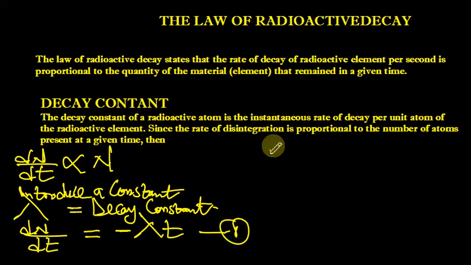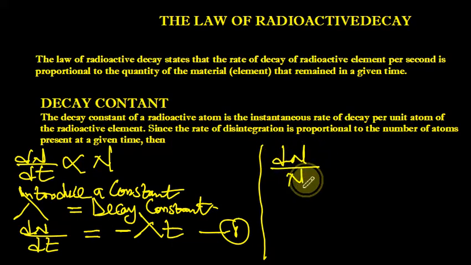It is possible for us to rearrange this. If we rearrange this such that the N and N will be together using the variable separable method in calculus, then you have dN over N equals minus lambda dt.